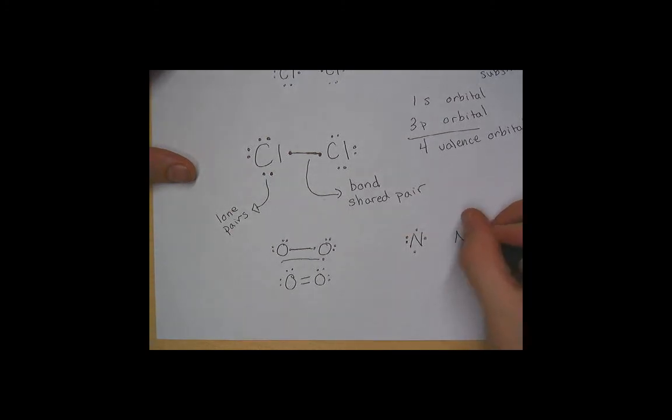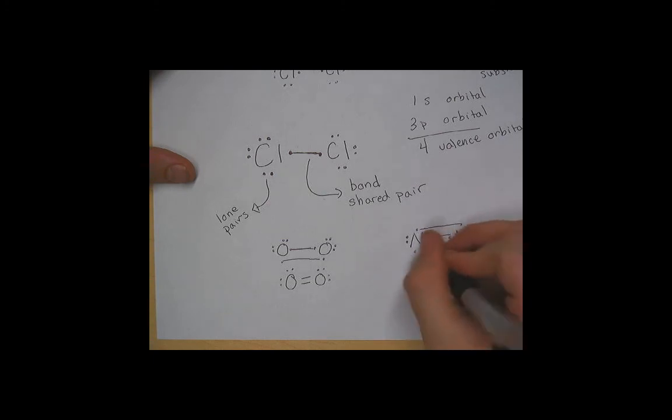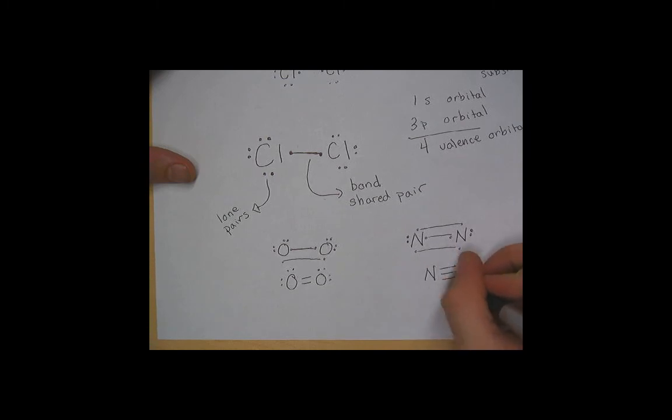Same thing here. 1, 2, 3, 4, 5. So we see one lone pair and 3 unpaired electrons on each nitrogen. So we could expect that the 2 nitrogen atoms would form 3 bonds with each other in order to satisfy their octet rules. And we could redraw dinitrogen like this.